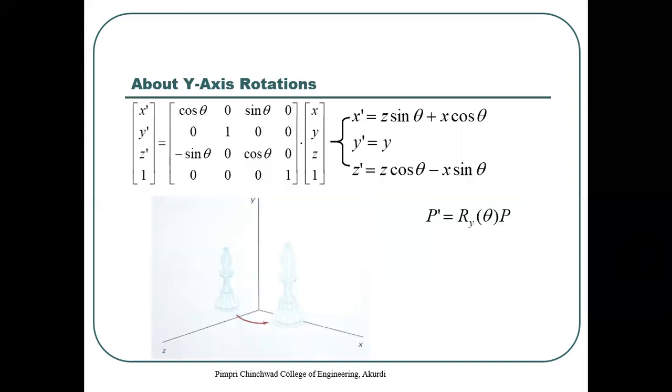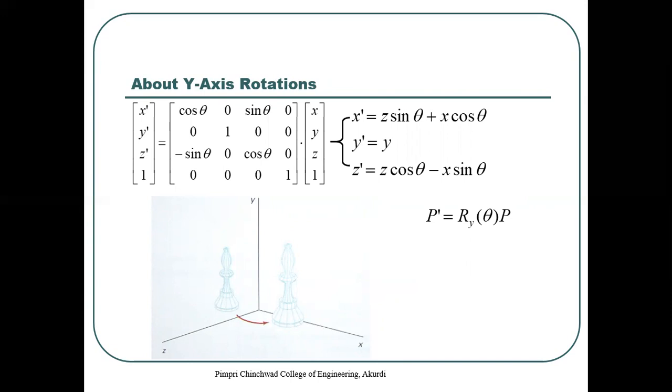Okay, so for this, the transformation matrix will be cos theta 0 sin theta, 0 1 0, sin theta 0 and cos theta. Okay, as here we know that we need to perform the rotation about the y-axis. Okay, rotation about the y-axis. In that case, we are going to change the values of x and z. Okay, y value remains unchanged.